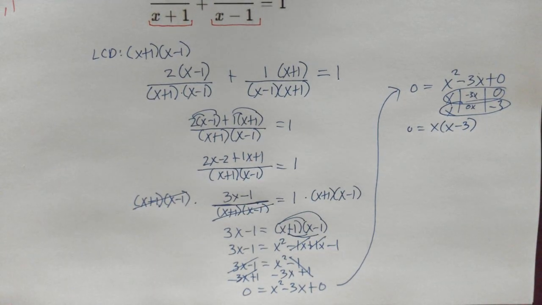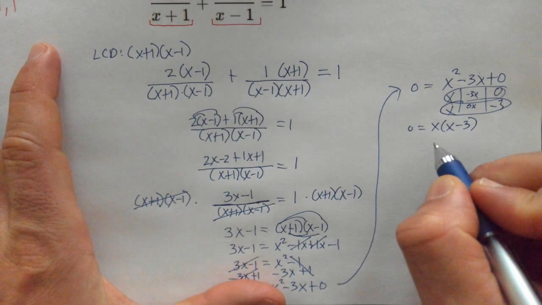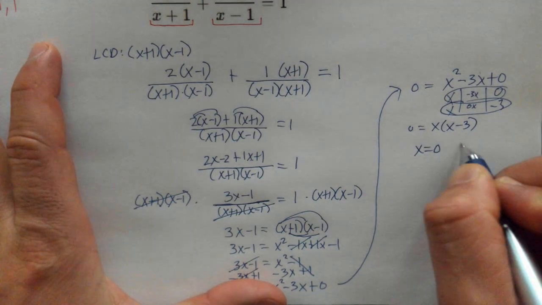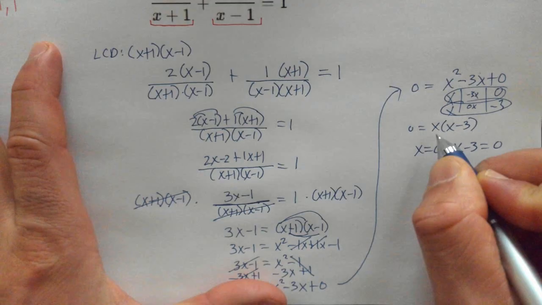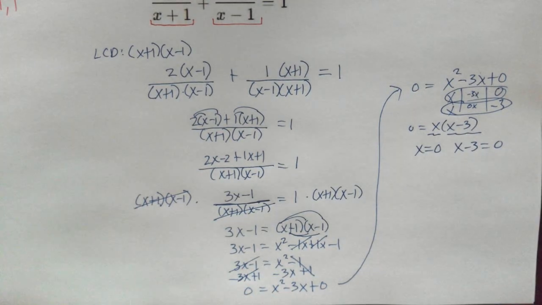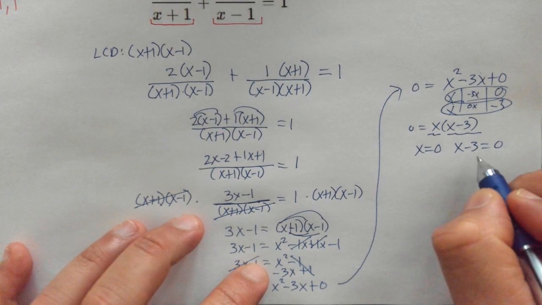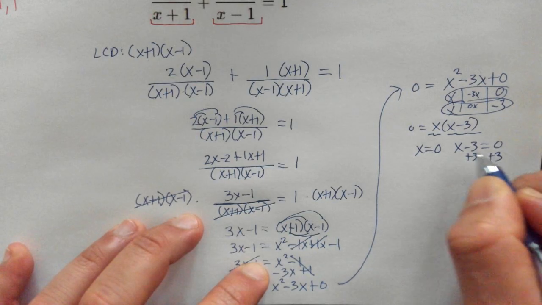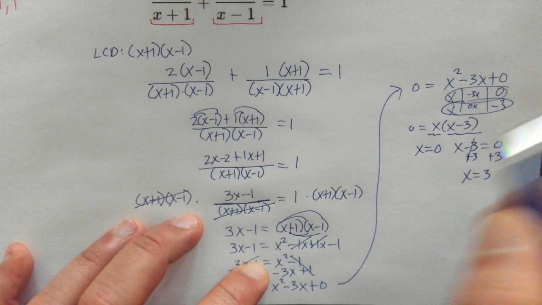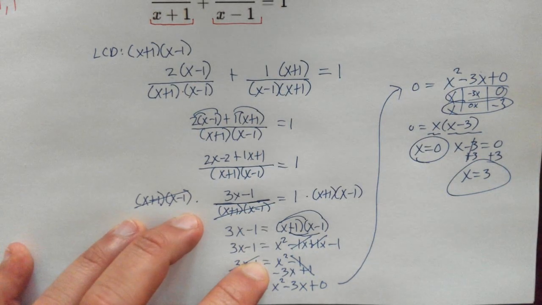Now that I've separated these x's, I can solve for x. x equals 0 and x minus 3 equals 0, right? I'm allowed to separate these two terms now. So I have my two solutions. x equals 0 and x equals 3.